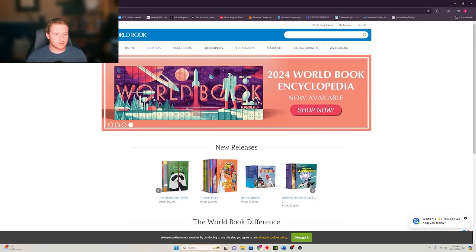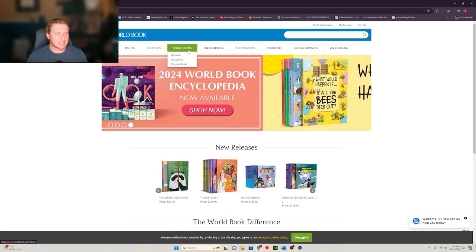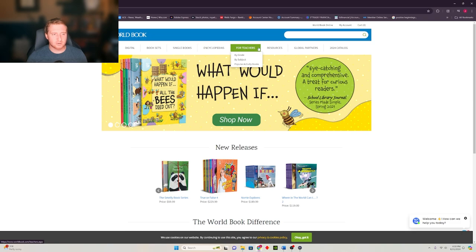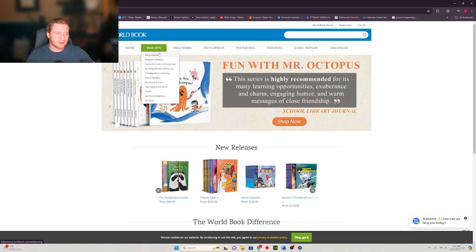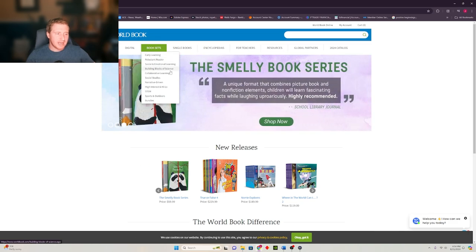Now, there are different World Books on here based on the different formats of what you're looking for. There are digital book sets, single books, encyclopedias, resources for teachers, global partnerships, global partners, and the 2024 catalog. For example, under book sets, we have early learning, selected reader, among other things.